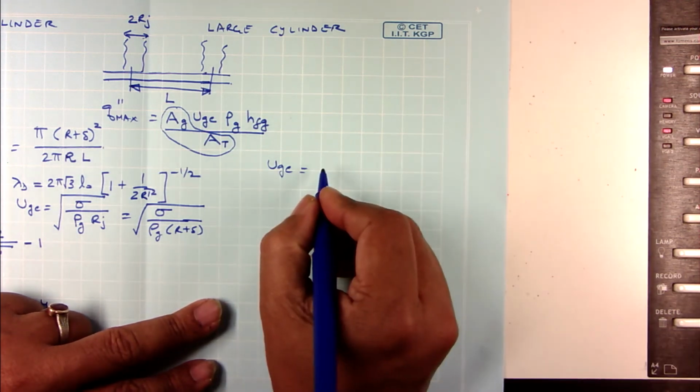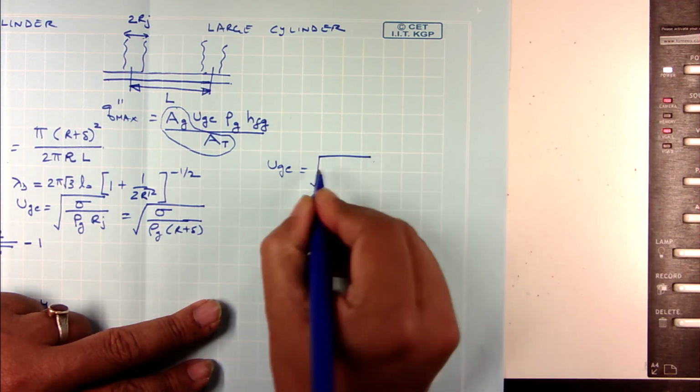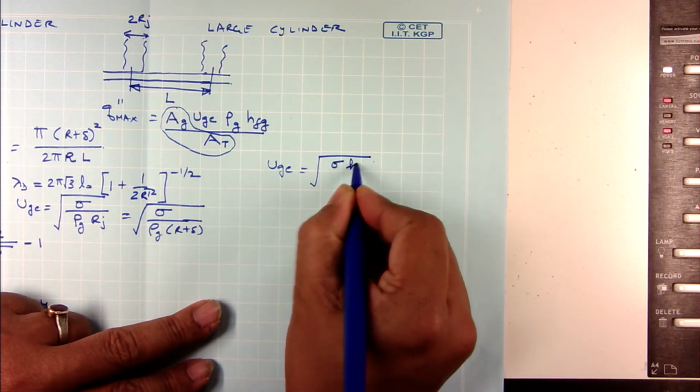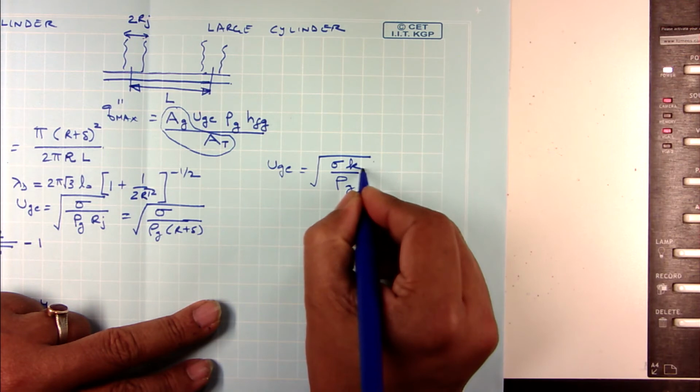So in that other case, they assumed this lambda d, this UGC, was root of sigma k by rho g, or kd essentially.